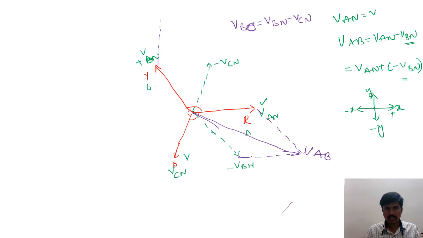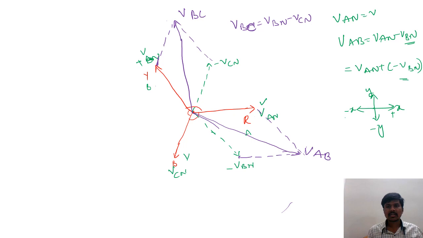Try to get the exact phasor diagram by using graph sheet. So here you will get the resultant from this point. This will give you the VBC.